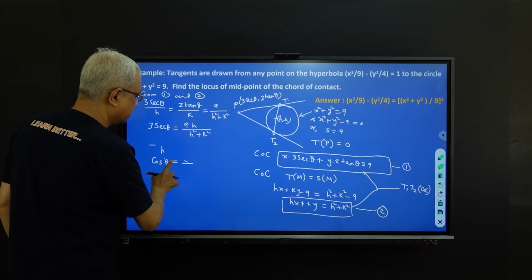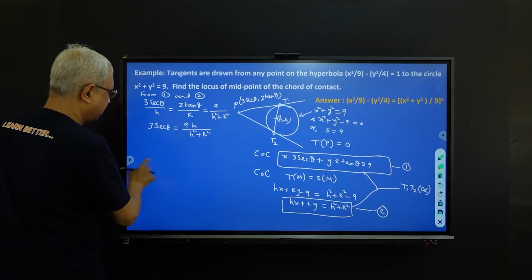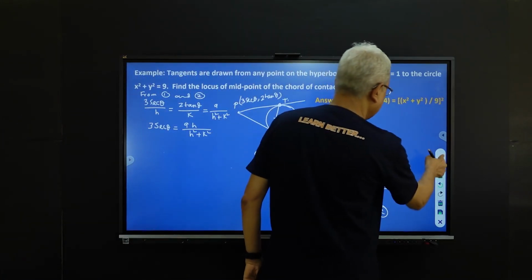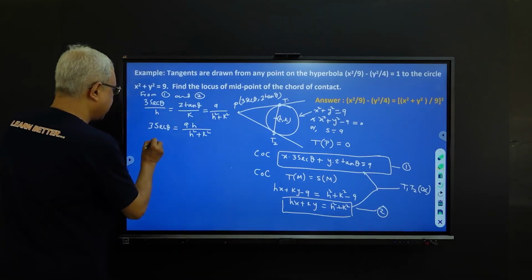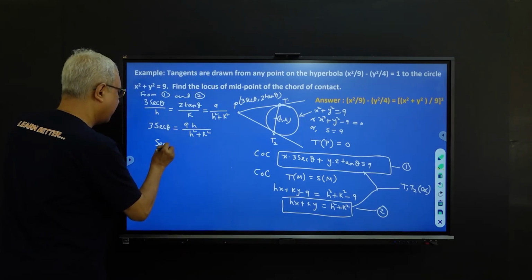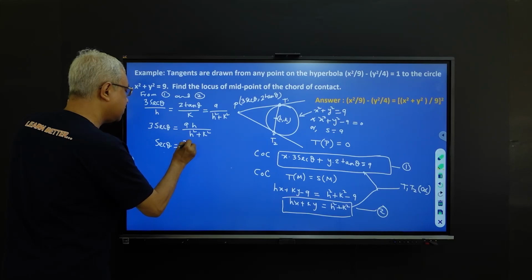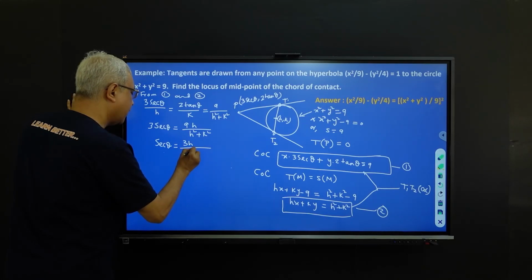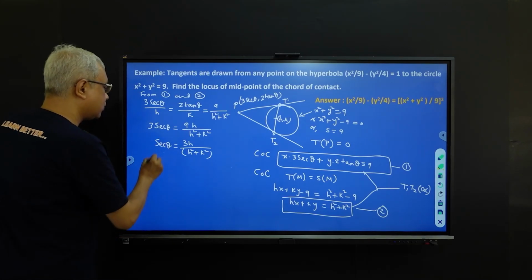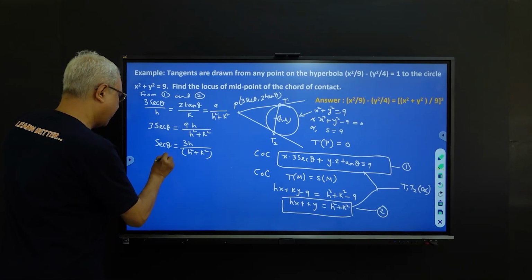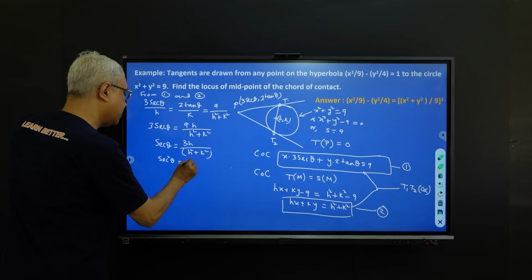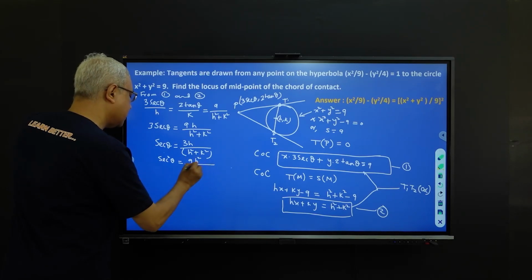That will be convenient, I think. So I can write sec theta equal to 3h by h square plus k square. Therefore sec square theta is 9h square by (h square plus k square) whole square.